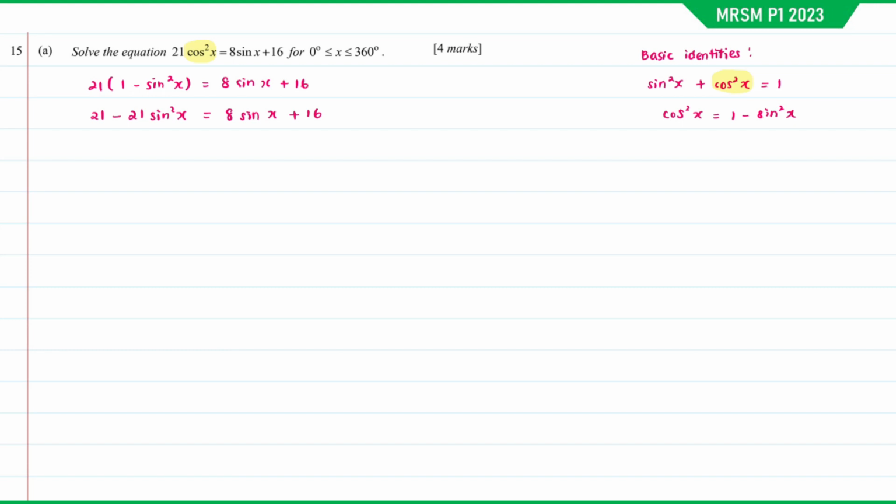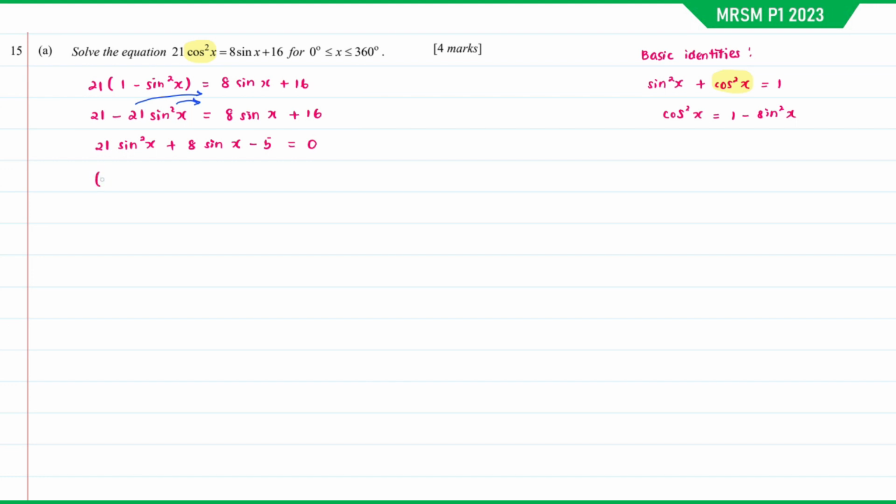We're going to solve this using the quadratic equation method, as the highest power here is 2. To make sure that a is positive, I'm going to move everything to the right hand side. Then 21 sin²x plus sin x plus 16 minus 21, which is negative 5, is equal to 0.